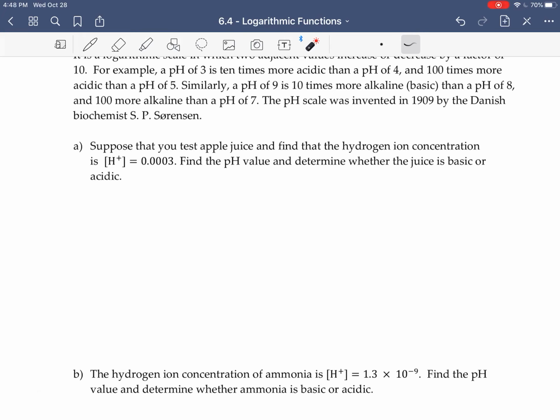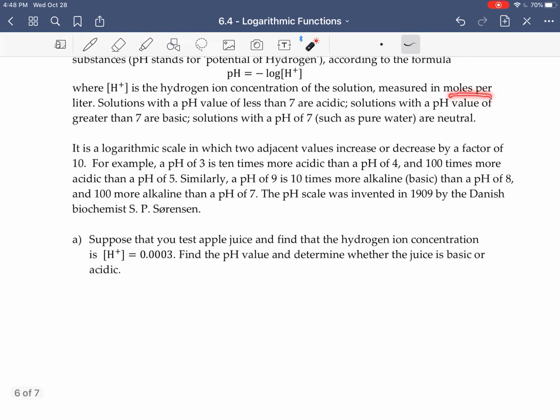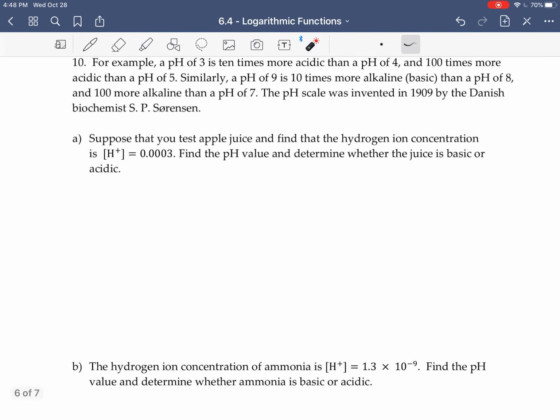Suppose you test apple juice and you find the hydrogen ion concentration, the H plus value, is 0.0003. This is measured in moles per liter. Then using the formula, the pH should be negative log base 10 of 0.0003, the H plus value.